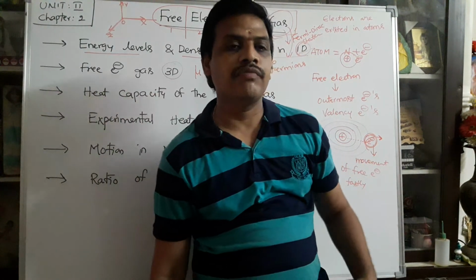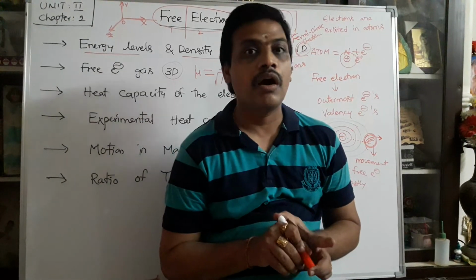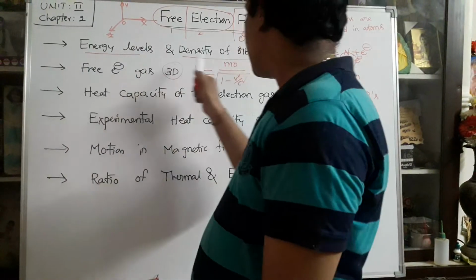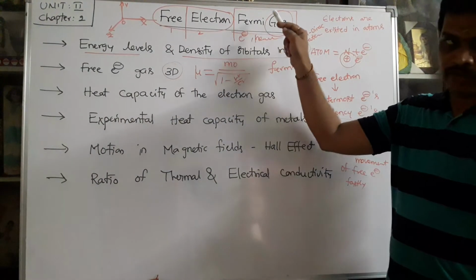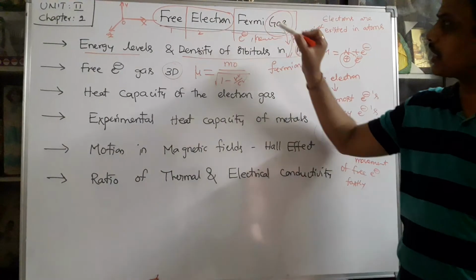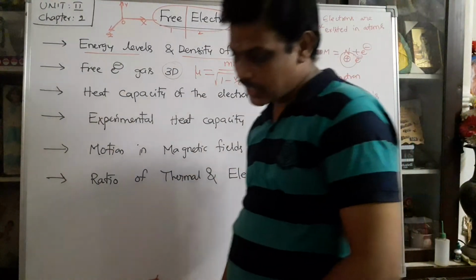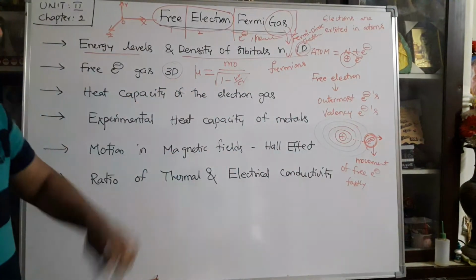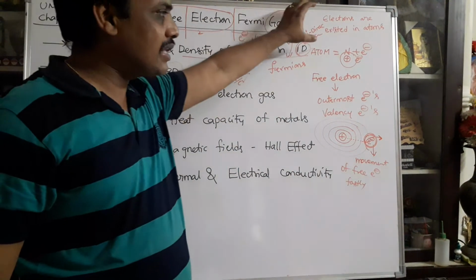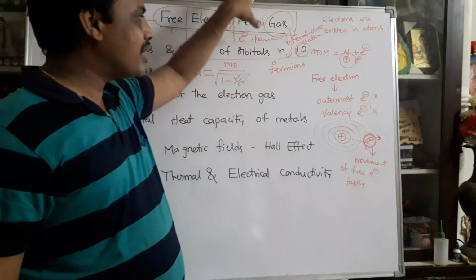You can take any one direction and explain all the characteristics of energy levels and density of states of the Fermi gas. So in each and every topic you can consider the Fermi gas. What is a Fermi gas? Fermions obey Fermi-Dirac statistics, and then the fermions can be called a Fermi gas.